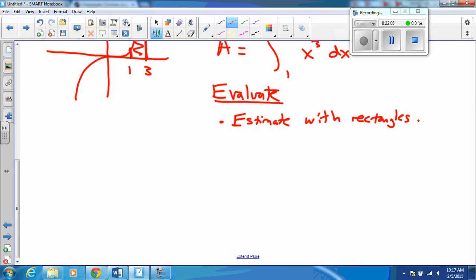Always I have the option of estimating with rectangles. What are the pros and cons of this option? A pro is that no matter what shape of region, it's always available to me. So this is a very general method. That's a good thing.